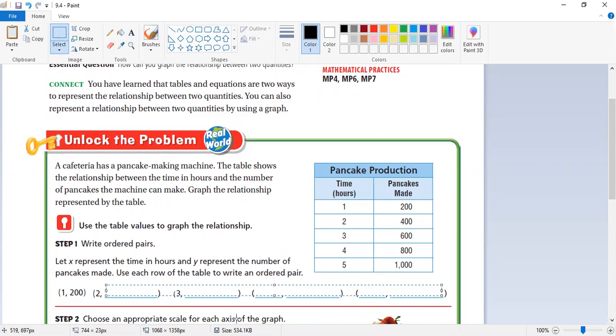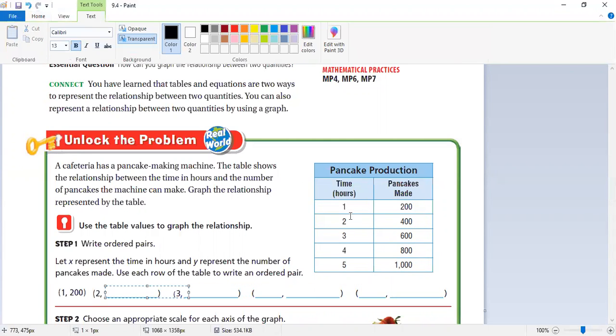I'll draw this so that we can complete it. 1 is already given, so for 1 it is 200, for 2 it is 400, for 3 it is 600.